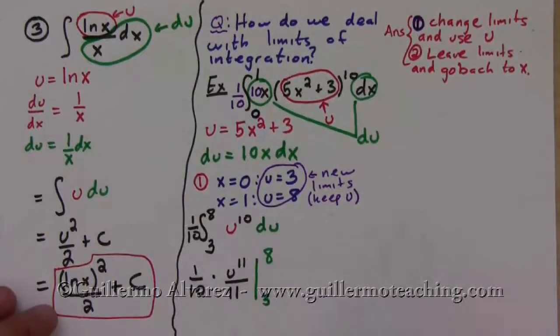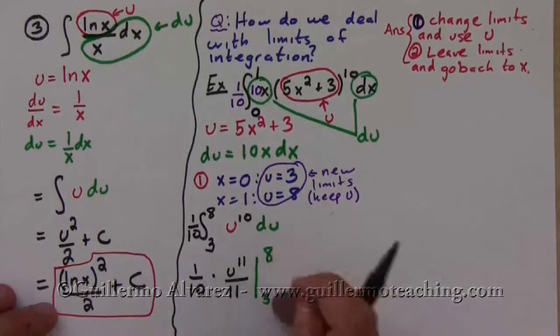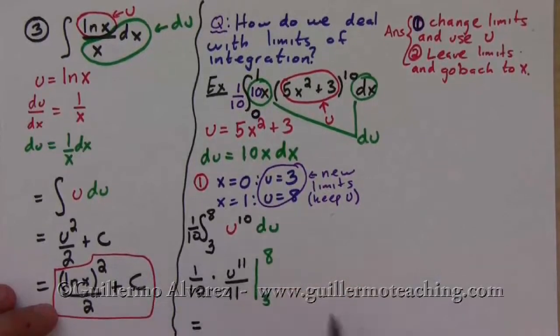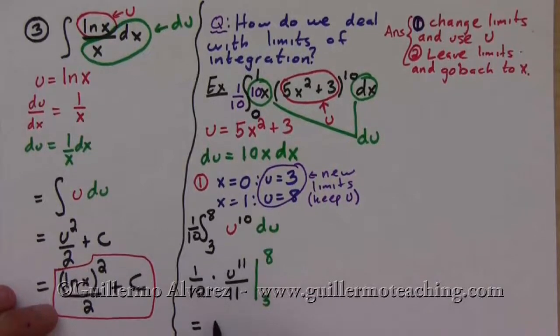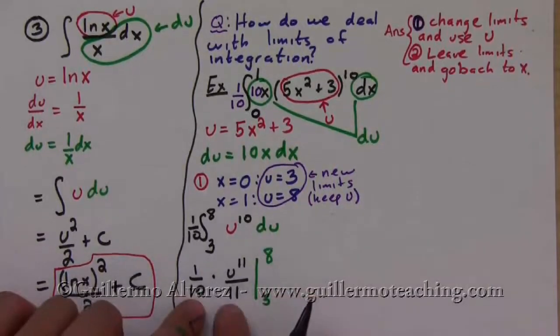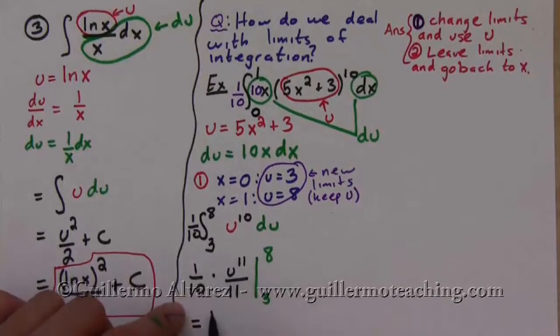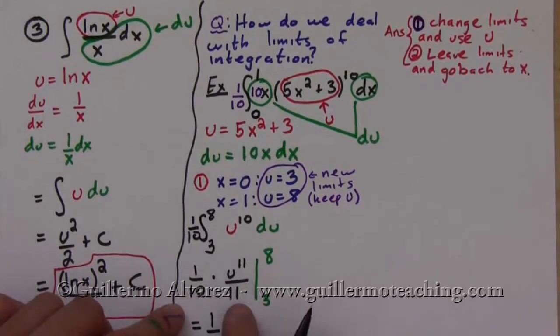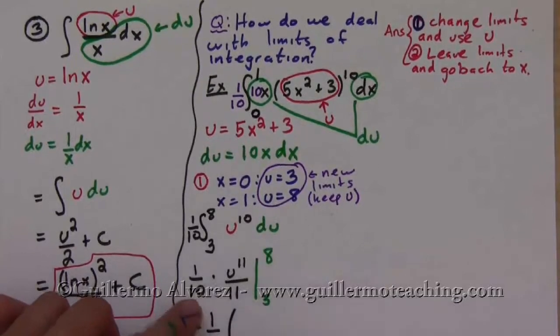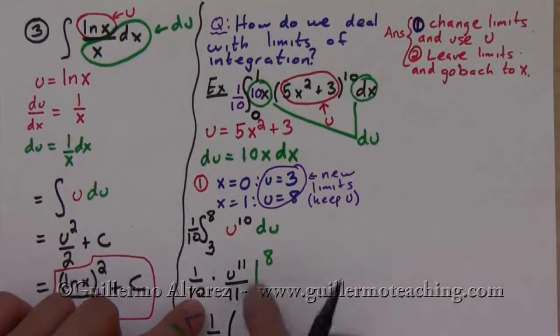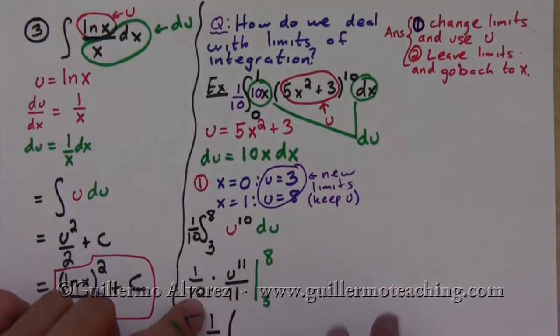Okay, so remember that you always plug in top minus bottom. So this is going to be equal to 10 times 11. So this is going to be, why don't I just, well, I'll just leave it out like this. It doesn't really matter. If you want to take out the 11, you can and multiply it by the 10. But I'm just going to leave the 1/10 out and then leave the 11 inside.